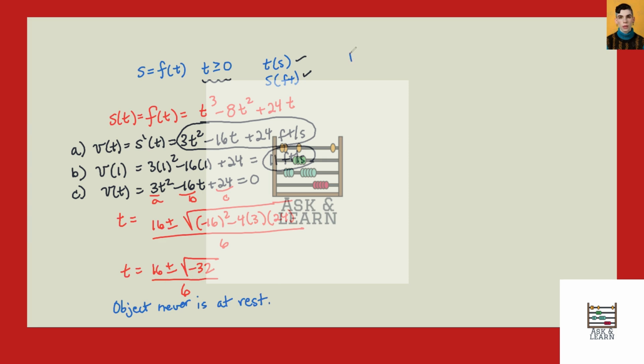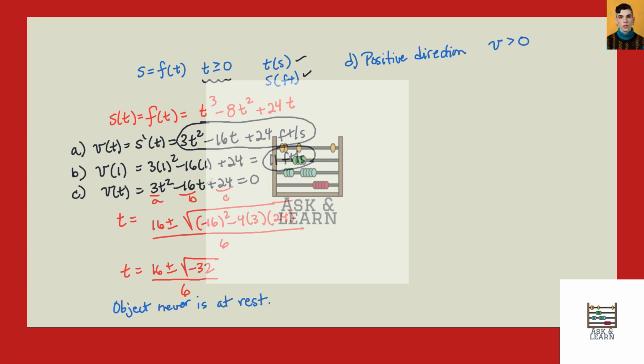All right, let's keep going up top. Next thing we need to know is when is the particle moving in the positive direction? Well, positive direction corresponds to velocity being positive. Since we know the object is never at rest, we can just plug in any time, and if we get a positive value, it's always that way.